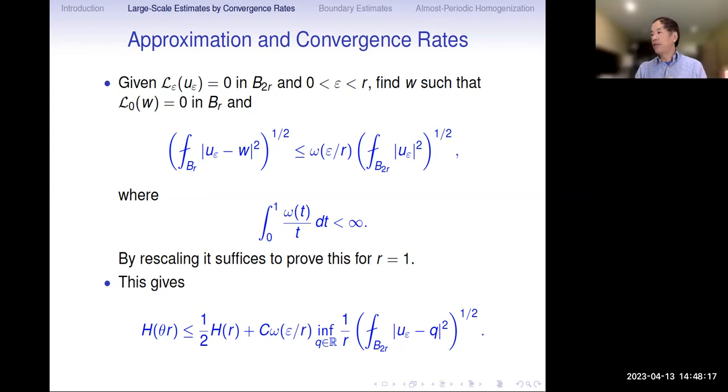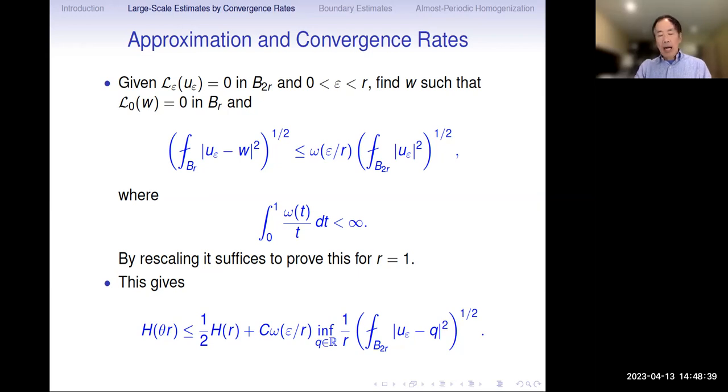So once you have a convergence rate, this scheme allows you to transfer the regularity from the limiting equation to the solution of L epsilon there.